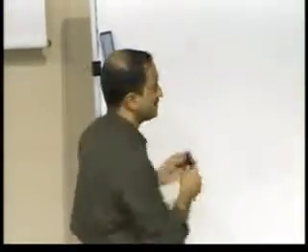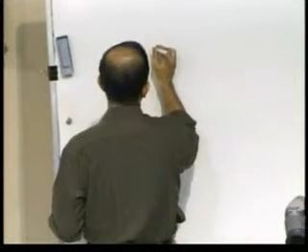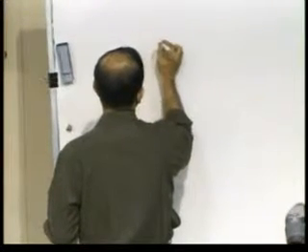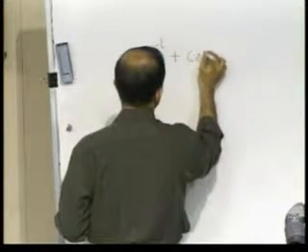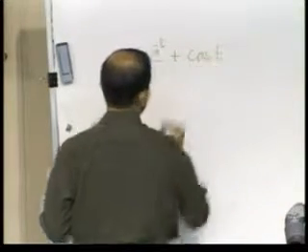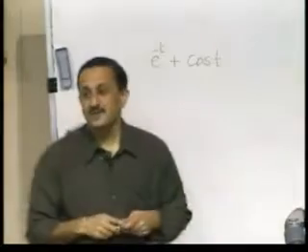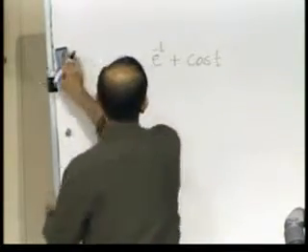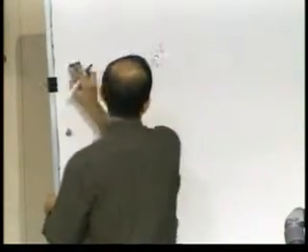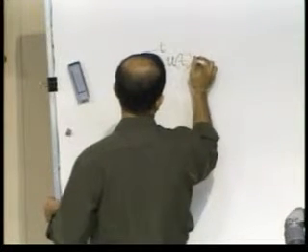For example, let us take the case of the signal, say, e raised to the power minus t plus cos t. Right? What do we do with a peculiar signal like this? Or, what I mean here is actually e raised to the power minus t u(t), e raised to the power minus t u(t) plus cos t.